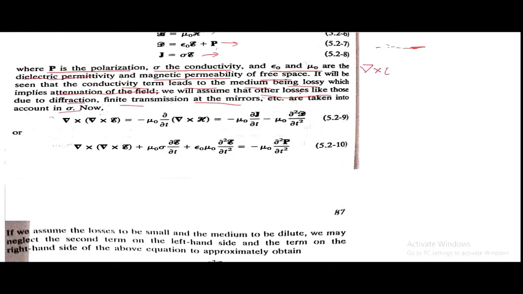From equation 1 we have del cross E equals minus ∂B by ∂t. Now we can write del cross del cross E equals del cross of minus ∂B by ∂t. That is del cross del cross E equals minus mu 0 ∂ by ∂t of del cross H using equation 6.